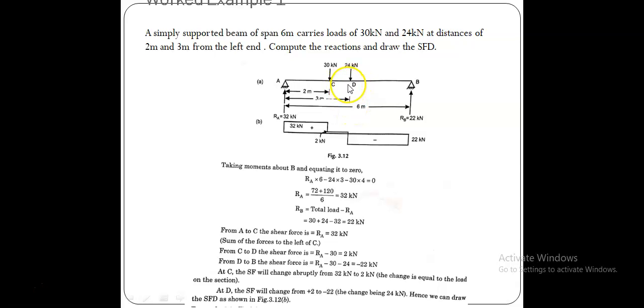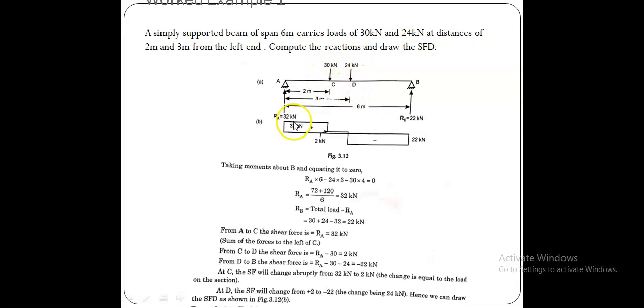Okay, yes. Otherwise you must check this side at D. Just make the algebraic sum with respect to the left side, the left two portions. There is upward plus 32, then the left to down. At C there is a downward force, it is left to D. With respect to this D, it is the left side.